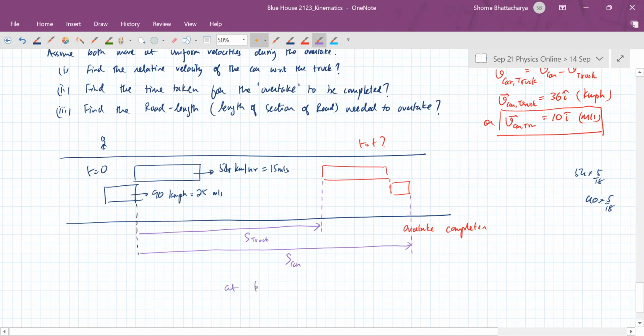So at time t, the displacement of the car should be greater than the displacement of the truck by how much? By 10 meters plus 5 meters. So this is one way to understand it. The displacement of the car will be 25t in meters.